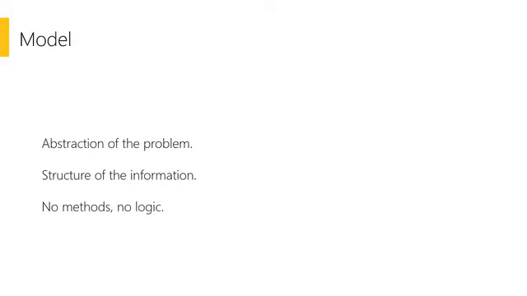You abstract this problem into classes which will conform objects that have information to handle. Now, the model would be those classes abstracting the problem. It's the structure of the information that you will be handling along the entire application. Now, in the model, there's no logic, there are no methods, there is no handling of any information. You are just structuring the way your information is going to look like.